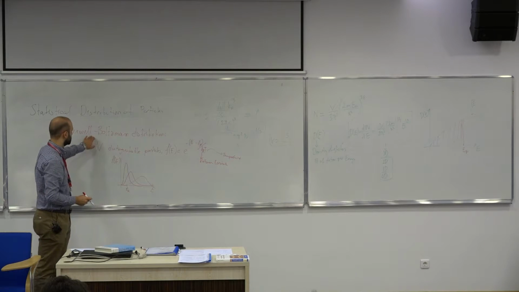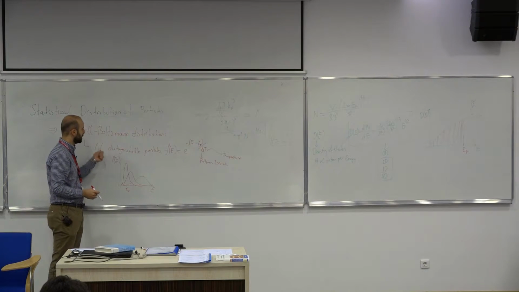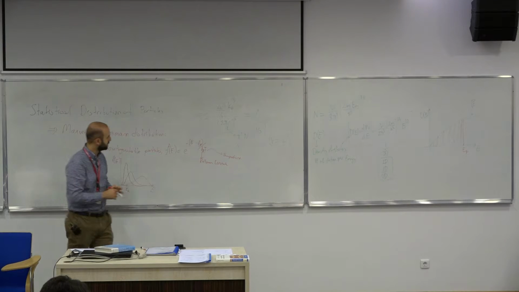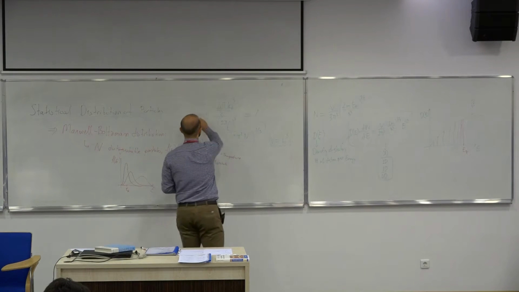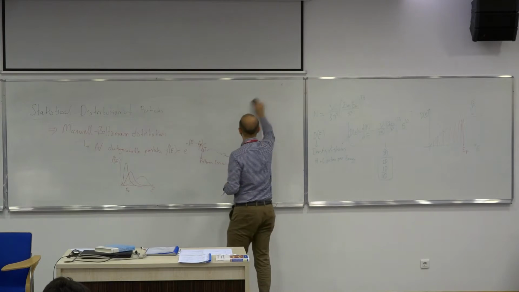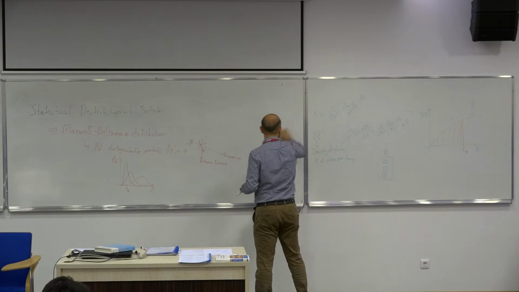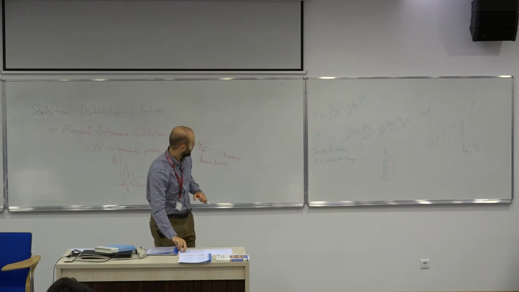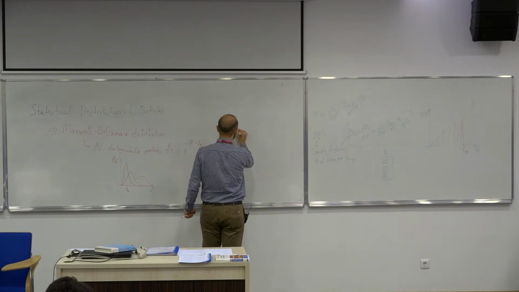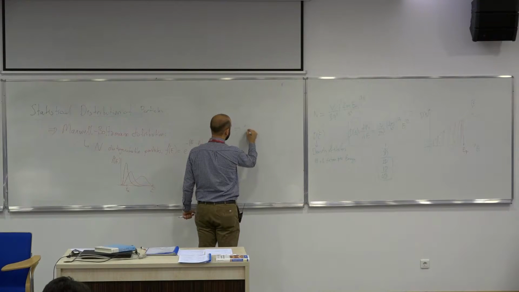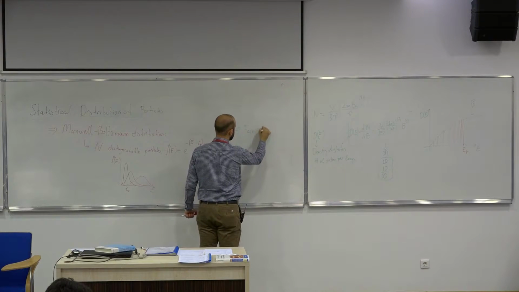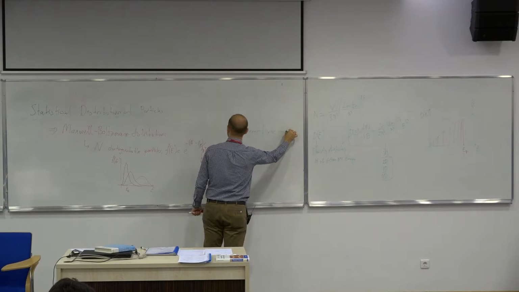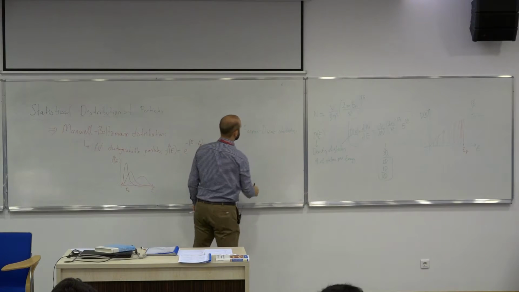But the problem here is that it assumes particles that can occupy the same state. This is not the case in quantum mechanics, so we need to figure out statistics for both fermions and bosons. For fermions, we have the Fermi-Dirac statistics, or distribution, if you like.